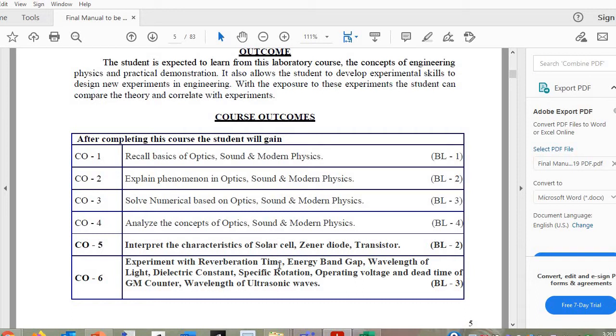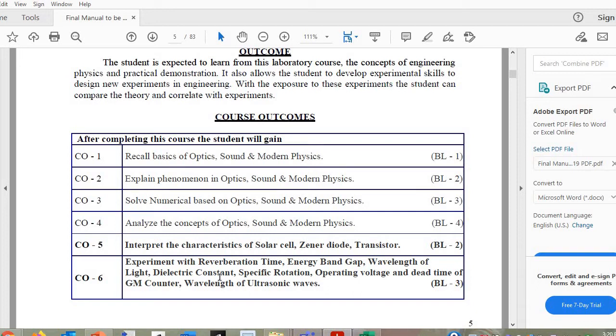So whatever the practicals are, they are provided in CO number 5 and CO6. So if anybody asks how many COs are for theory, then 4 COs are related to the theory syllabus, and 2 COs, CO number 5 and CO number 6, are related to the practical.